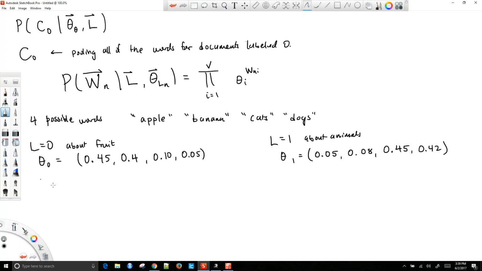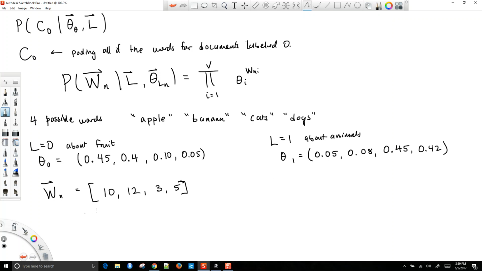And thus, let's say your document, W sub n, your vector here, is how many times we see the word apple, banana, cats, and dogs, okay? And then maybe we see the word apple 10 times, and the word banana 12 times, and the word cat 3 times, and the word dog 5 times.